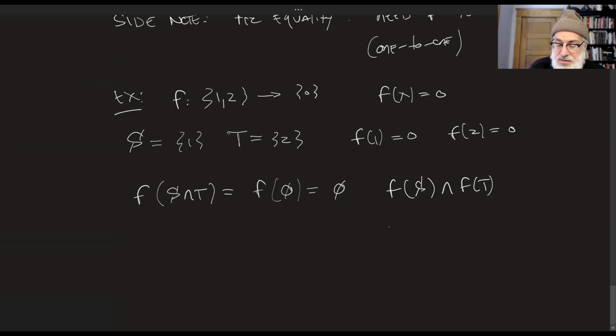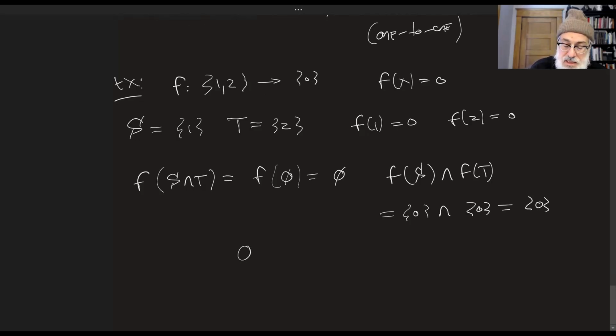So that is the same as 0 intersect, and T does the same thing. So this is {0}. And of course, the empty set is not the same as the set that has 0 in it. So this is why we don't assume equality. I found a counterexample if we did assume, and you can see quite easily that this is not a one-to-one function. It's surjective, but it's not injective.